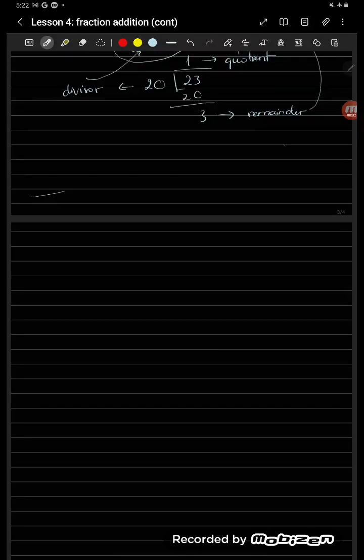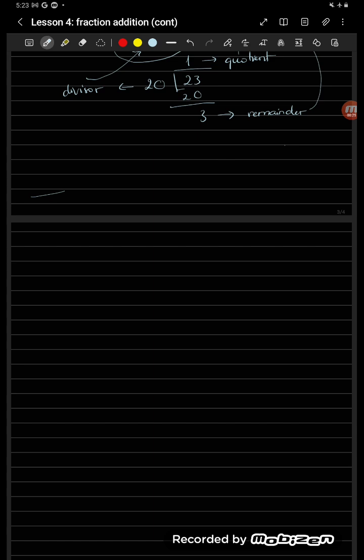Hello again. So today we'll continue with lesson 4, fraction addition. Last time we already talked about two cases. The first case, we talked about adding two or more fractions that all have the same denominator.